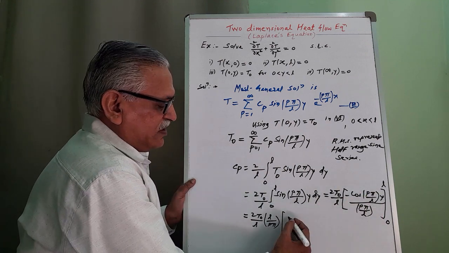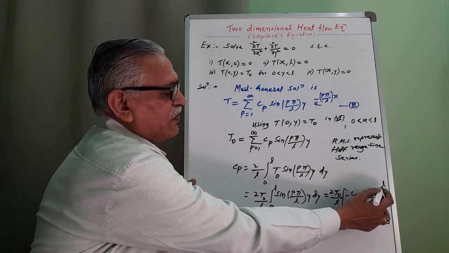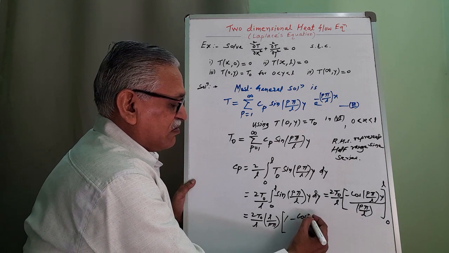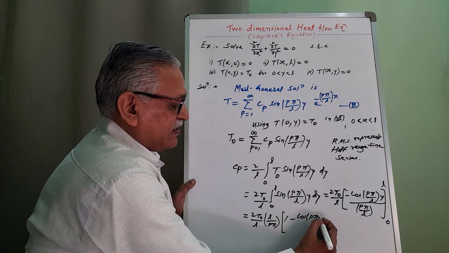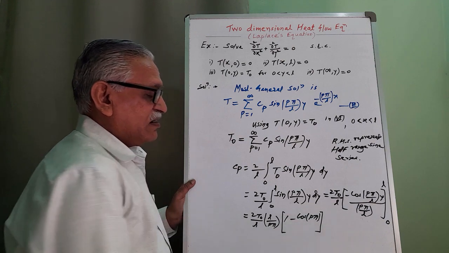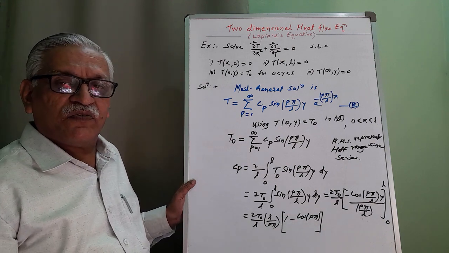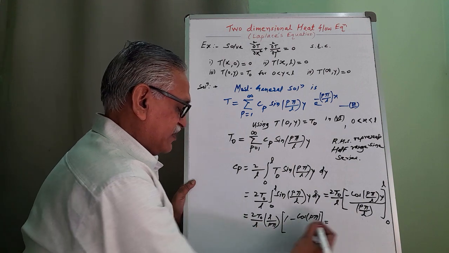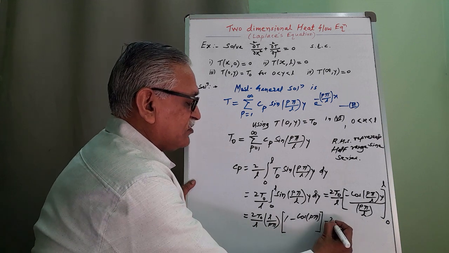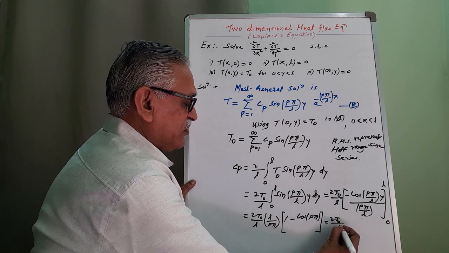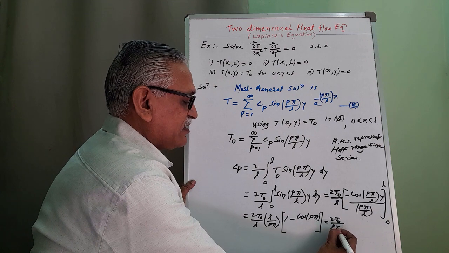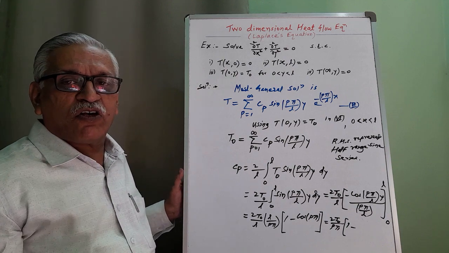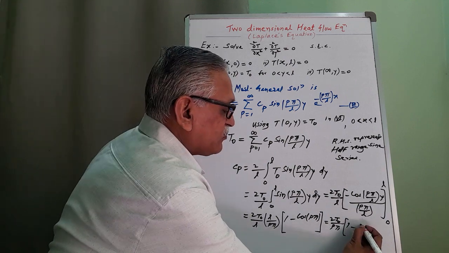We know that cos 0 is 1 minus, when we put y as L, L gets cancelled, we get cos of p pi, and we know the value of cos p pi, and therefore simplifying it, L gets cancelled, therefore it is 2T0 divided by p pi multiplied by 1 minus the value of cos p pi, standard value, as minus 1 raised to p.